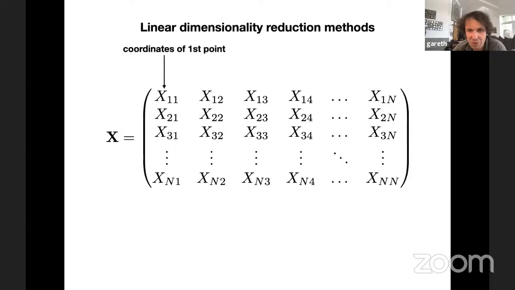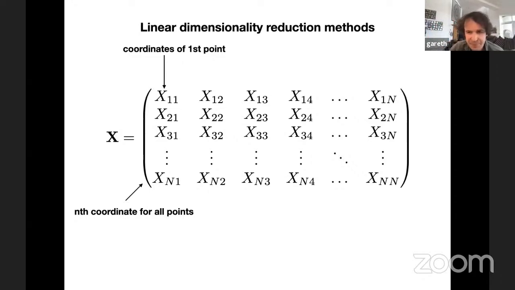So here, in the row, we've got the coordinates of the first point. And then in this row down here, we've got the nth coordinate for all of the points. So we can construct this matrix that contains all of the configurations in our trajectories. In the columns are each of the trajectory frames, and the rows are each of the coordinates.